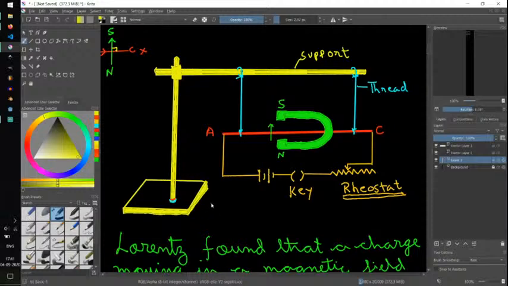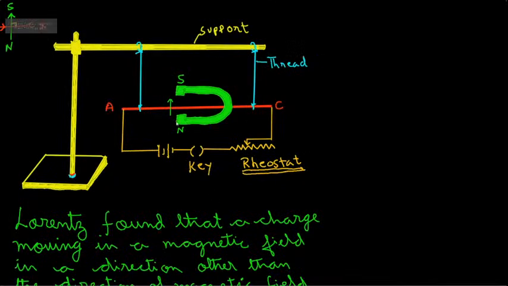So here we are. I have told you that we have taken a conductor AC, and now I have tied this blue thread to the two ends and hung it to a support on a stand.